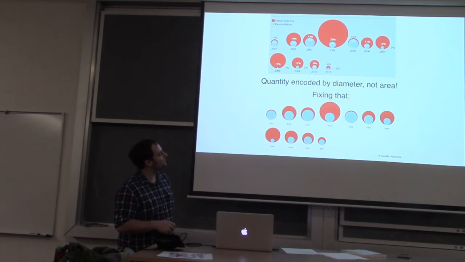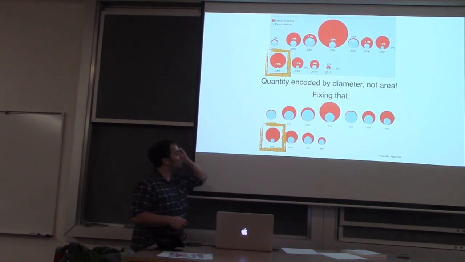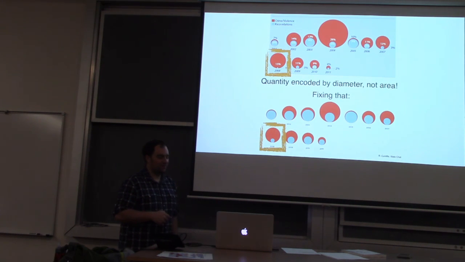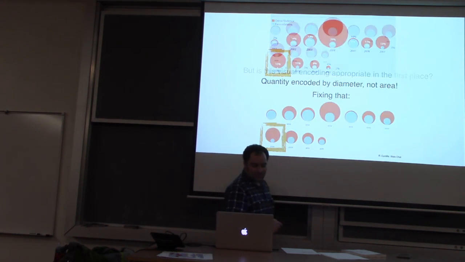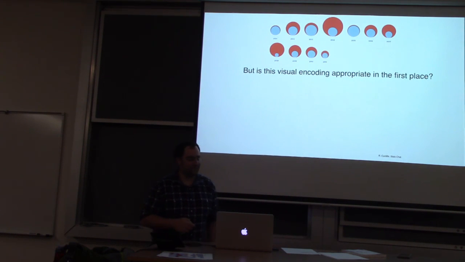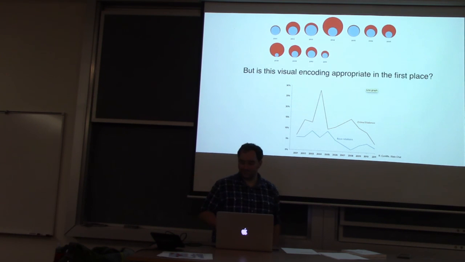If you look here, the 1% was basically not visible, but the 1% by area is actually quite visible. But as you all have realized, this is not really the most appropriate encoding in the first place. So you can do just a line chart, which answers this question sufficiently.